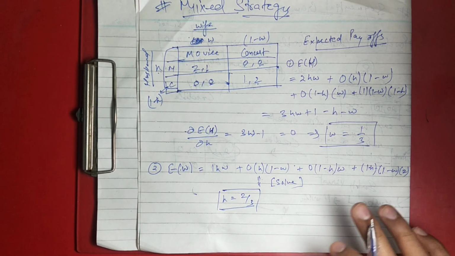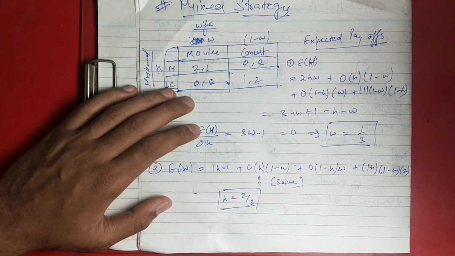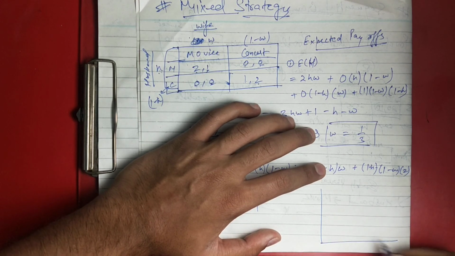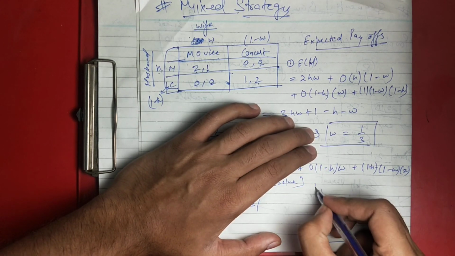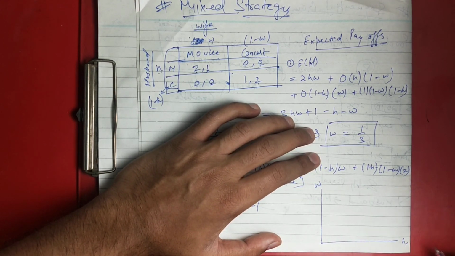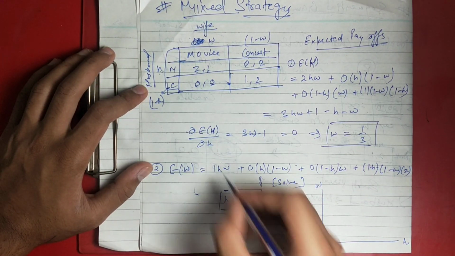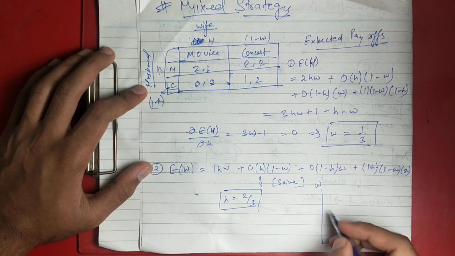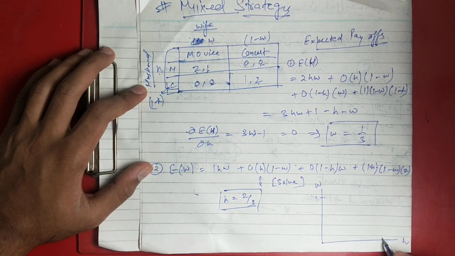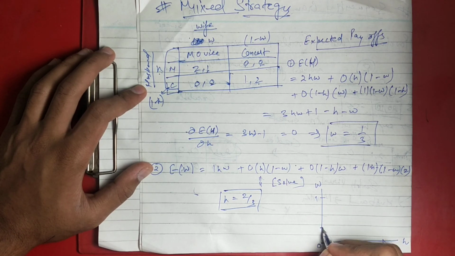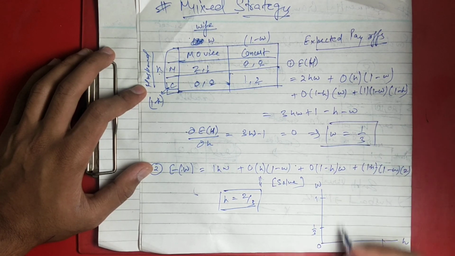So this is it, guys. Now let me show you in the diagram. This can be W, this can be H. These are the probabilities, H, small h. So this is 1, this is 0, and I am taking W as 1 by 3 here, and here similarly 2 by 3.